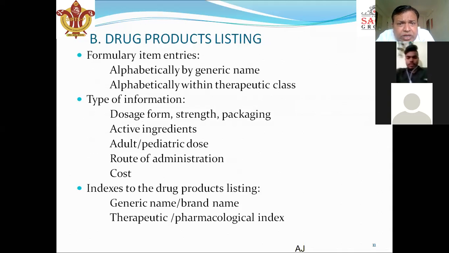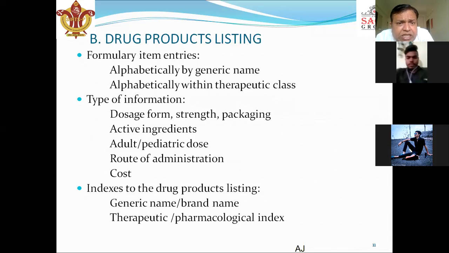Now, drug product listing. This is the formulary item entries. We make the list alphabetically by generic name, alphabetically with therapeutic class, and by type of information.